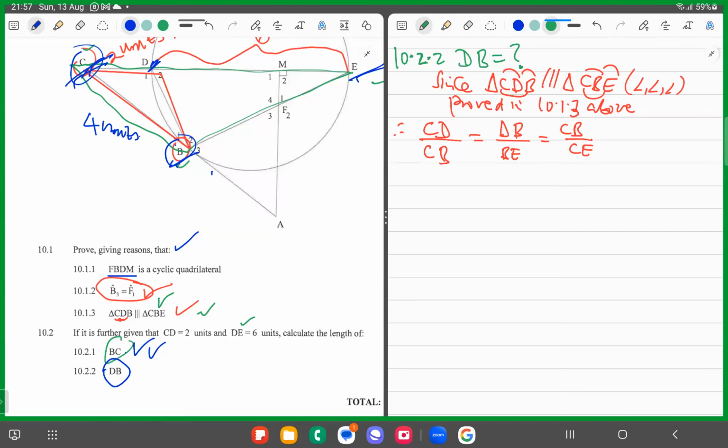So make the observation that we have this one here and this one.